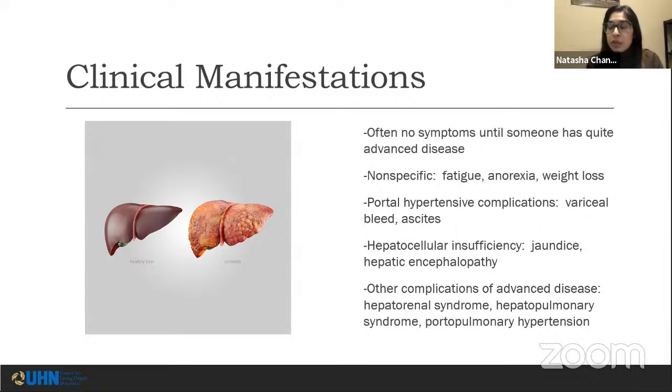Patients may also develop something called ascites, which is fluid accumulation in the abdomen. Additionally, patients may present with yellowing of the eyes and skin, which we call jaundice, and even confusion, which we call encephalopathy. As liver disease progresses, it will actually produce multi-organ failure, including kidney failure, lung failure, and even heart failure.